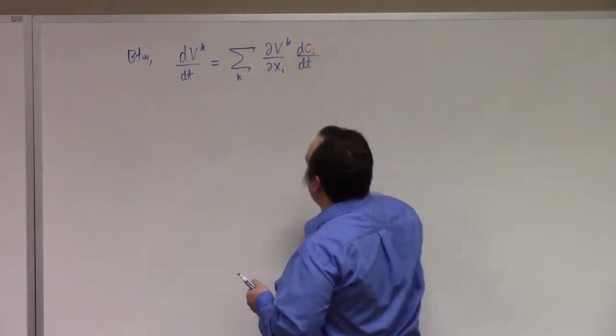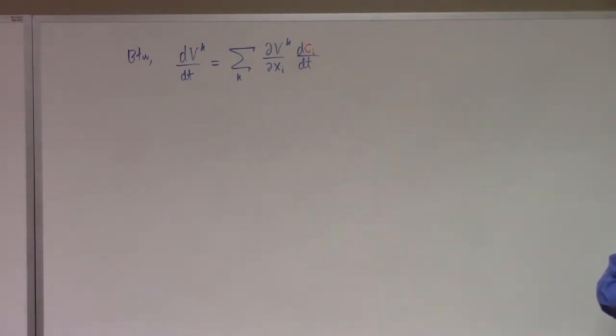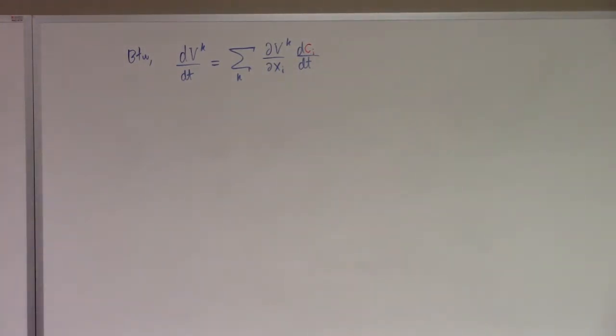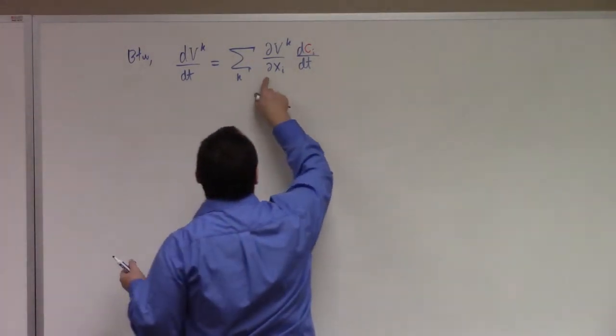Do you see why I say that? This is basically the chain rule applied to this comment over here. If we do the chain rule there, we're getting the derivative of the kth component of the vector field.